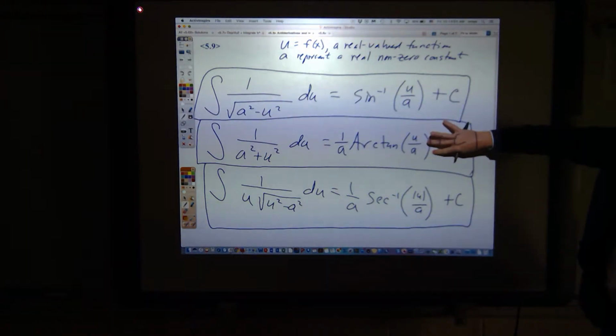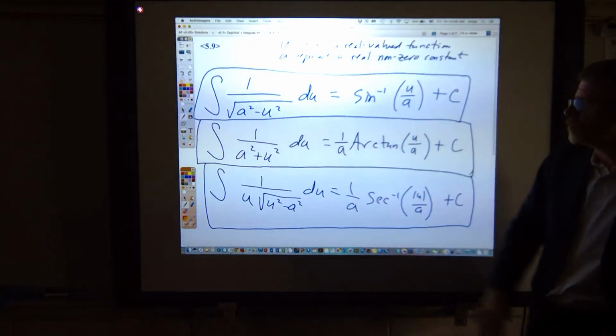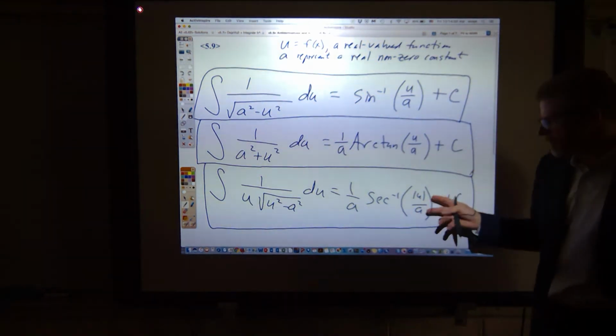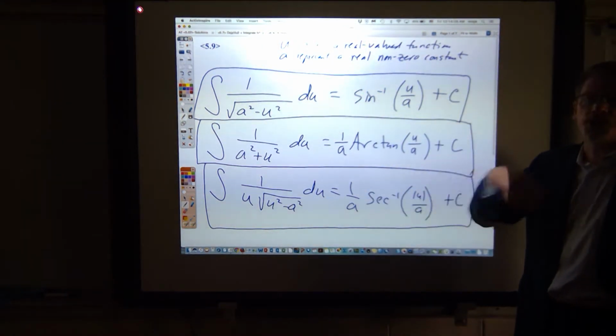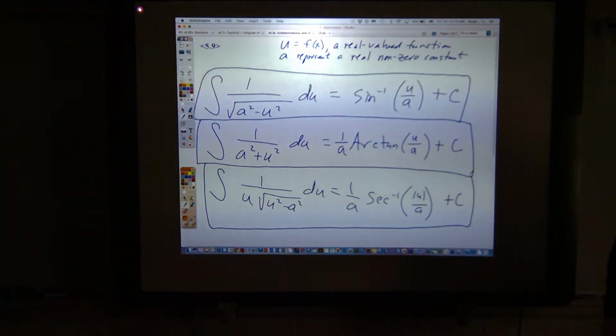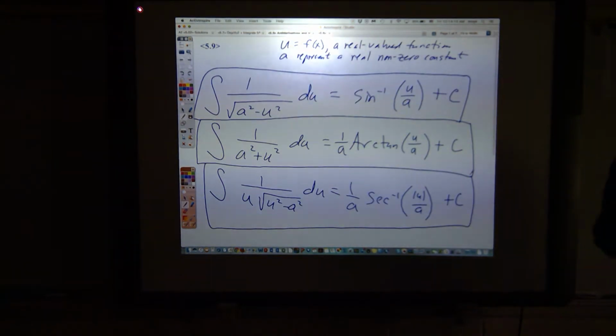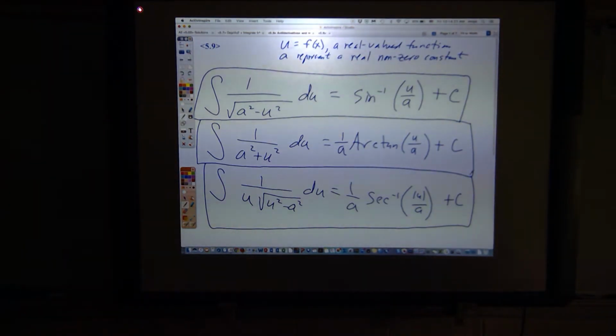Second one is u over a, except there's one more detail, which is a 1 over a out front. The third one has the u over a, the 1 over a out front, but the additional thing you have to remember is the absolute value symbol. All of them have plus c, so that's it. That's today's lesson. And you just have to practice it a little bit on the 5.9 homework.